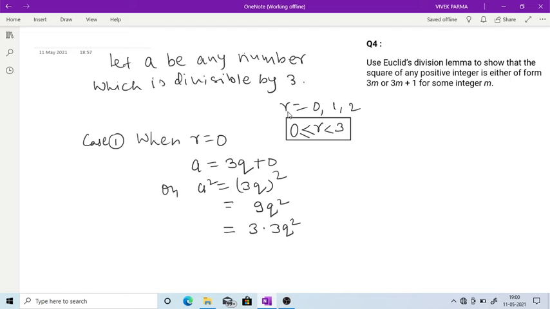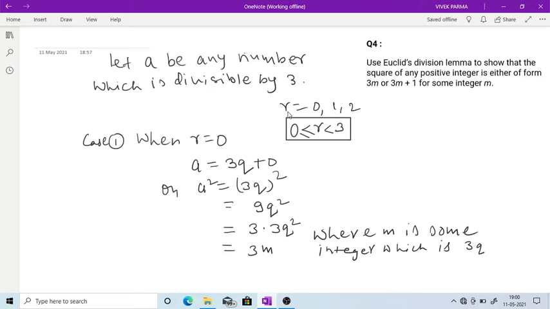We can write this 9q square like 3 into 3q square, which is 3 times m, where m is some integer, which is 3q square.